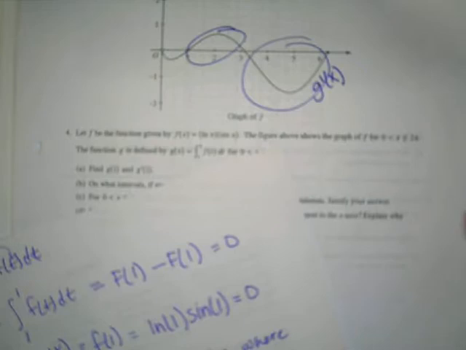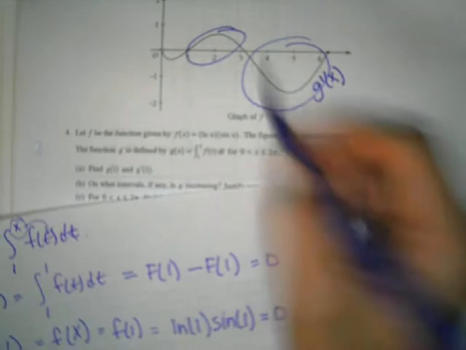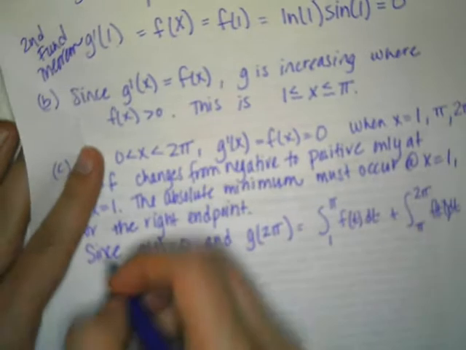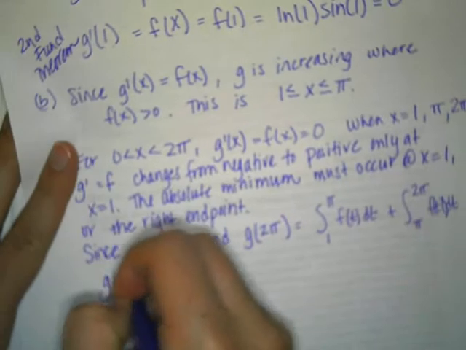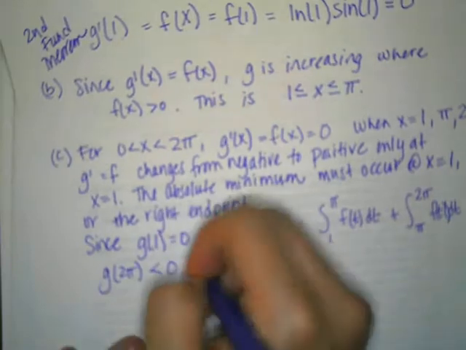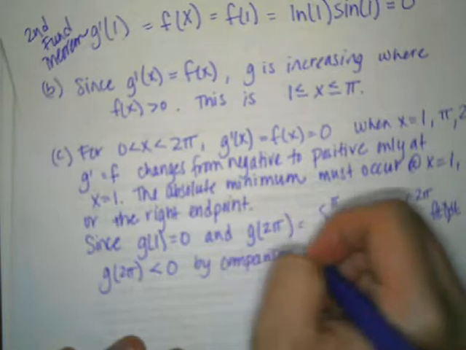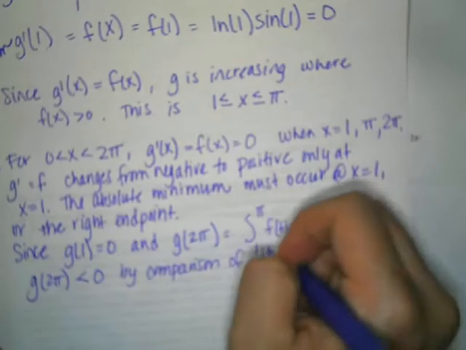But because of the comparison of the two areas, this one's smaller than this one, you're going to be decreasing a heck of a lot more than you're going to be increasing. We would say that this here, g of 2 pi, is going to be less than 0 by comparison of the two areas.